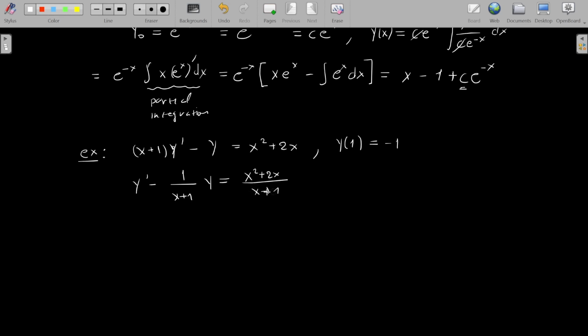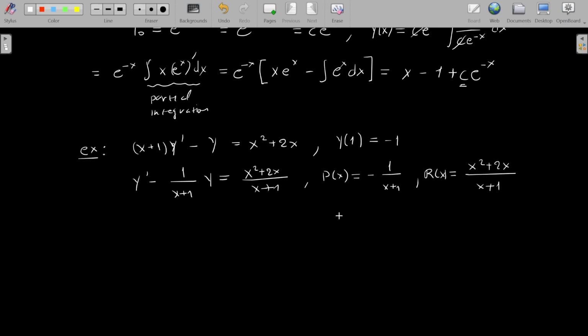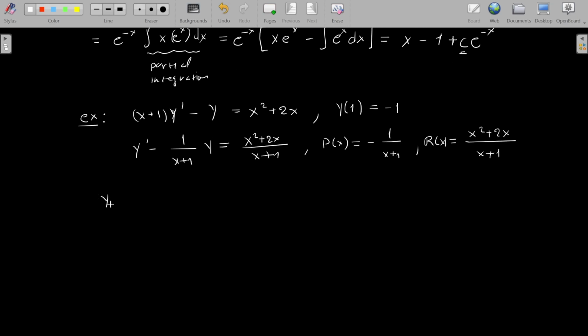Okay. So p of x is going to be minus 1 over x plus 1, and r of x is going to be x squared plus 2x over x plus 1. So y naught is going to be e to the minus integral of p of x dx, which is plus integral of dx over x plus 1. This is nothing more than the logarithm of x plus 1, so e to the ln of x plus 1, or just x plus 1.